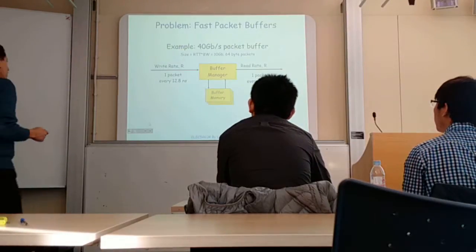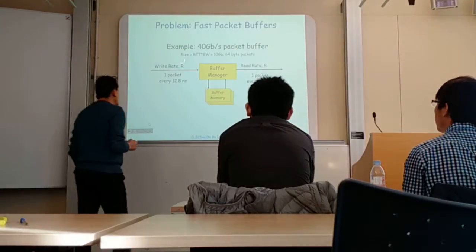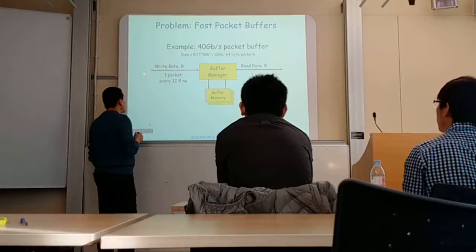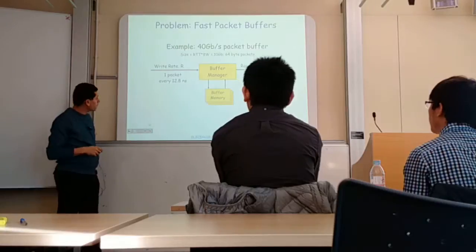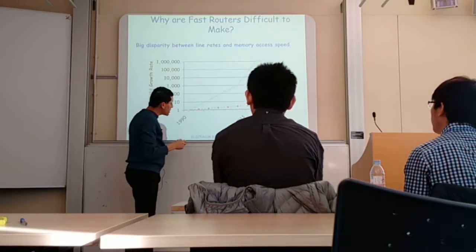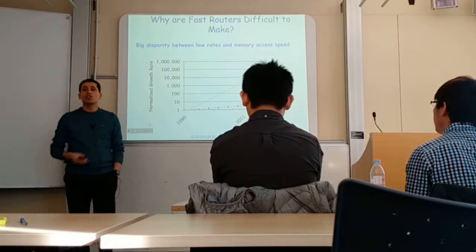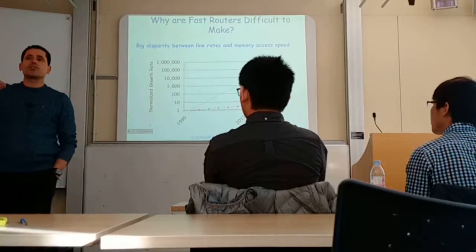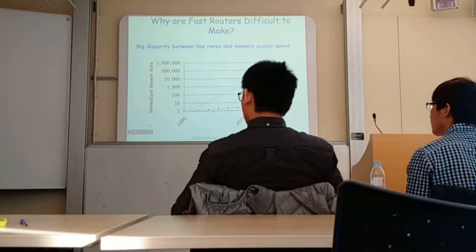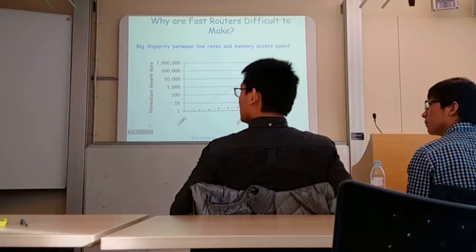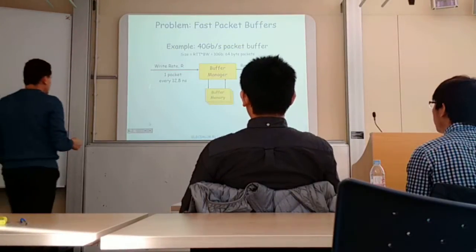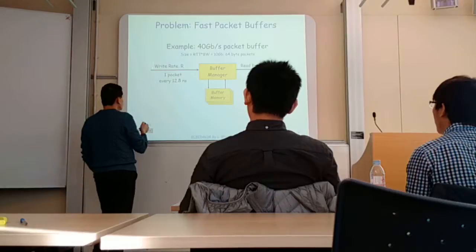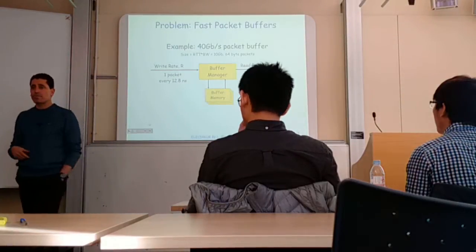For example, I'm giving you an example. Assume that I have a line, and by the way, the capacity of lines is going up very fast. I could push lots of data, high bandwidth, on lines.